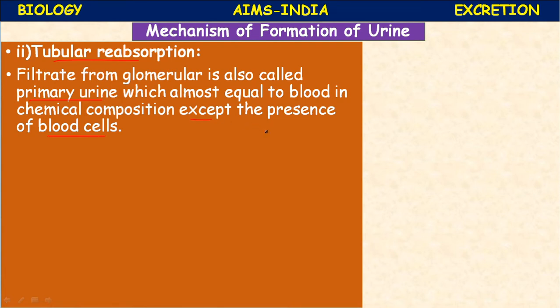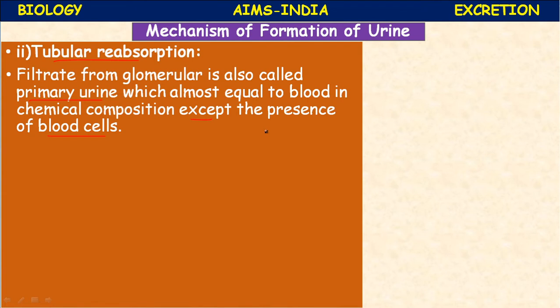Which type of filtration takes place in the glomerulus? Ultrafiltration. In that ultrafiltration, unwanted substances only are filtered. RBC, WBC, platelets, these important constituents of blood are not filtered. So after the filtration, the glomerular filtrate is similar to the composition of blood except the presence of blood cells.